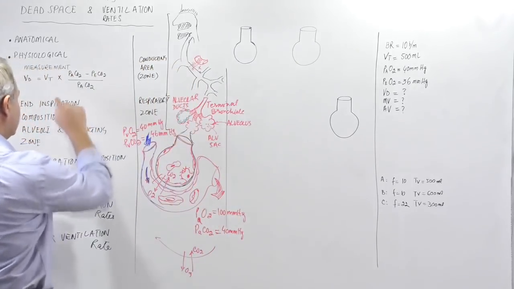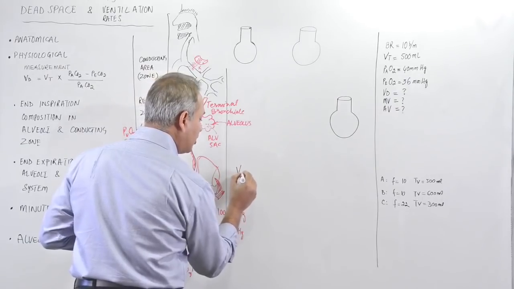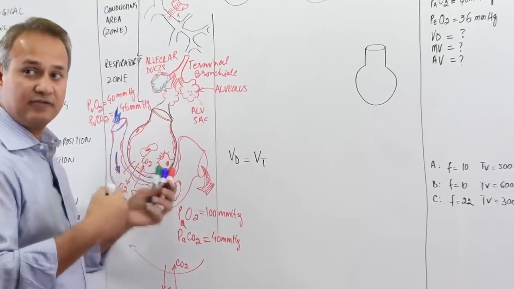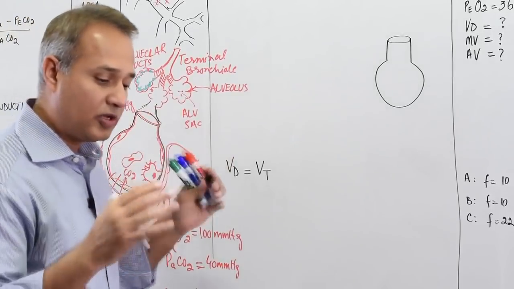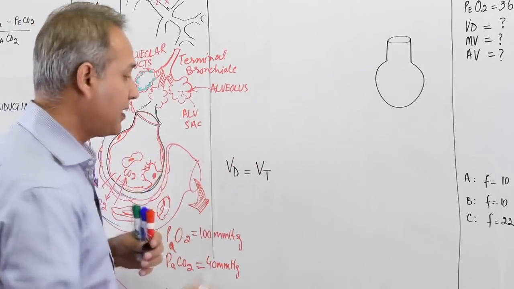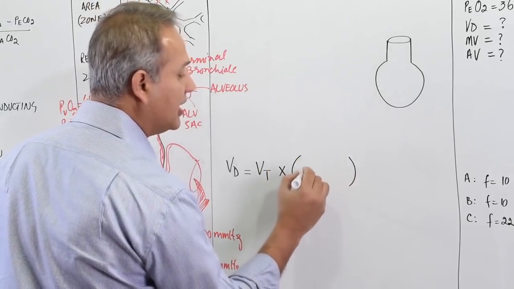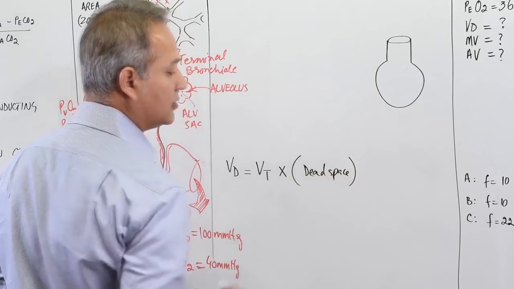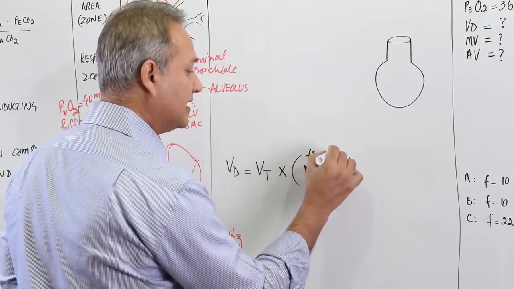The volume of dead space equals the tidal volume, that is the volume we take in and out in quiet breathing, in a normal young man about 500 milliliters, multiplied by the fraction of the physiological dead space.